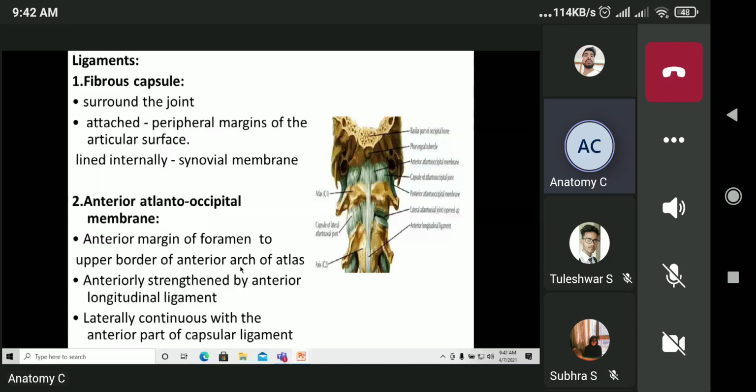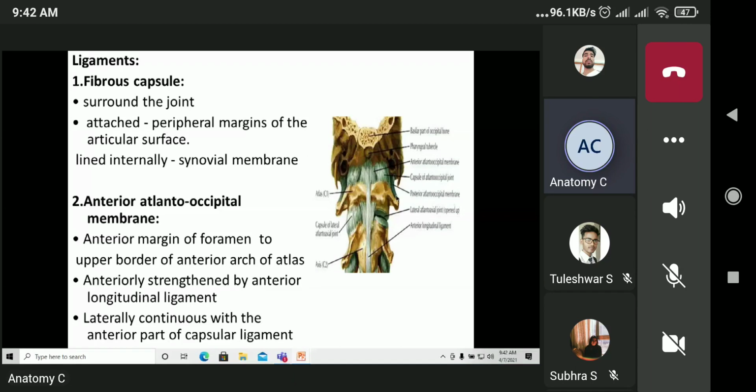You get the foramen magnum in the occipital bone, no? So from here it joins up to here, and anteriorly it is strengthened by the anterior longitudinal ligament.